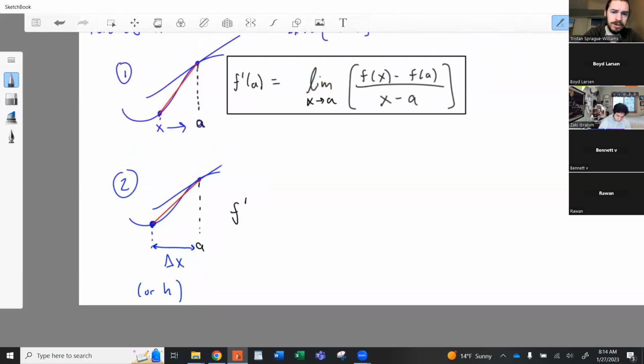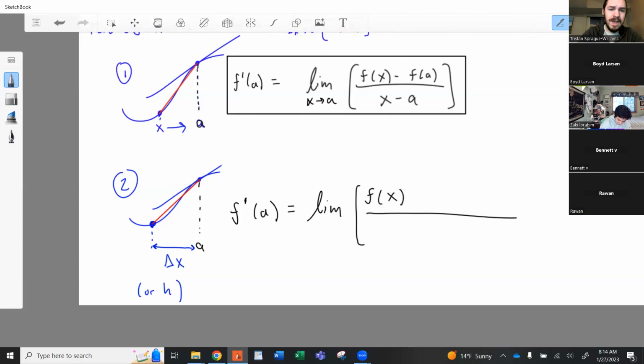So here's the alternative way to set it up. We have to set it up in terms of a and delta x instead of a and x. So I basically have to write the exact same thing as up here. Okay, f of something, basically f of x, except I don't want it to be in terms of x at all. I want it to be about a and delta x.